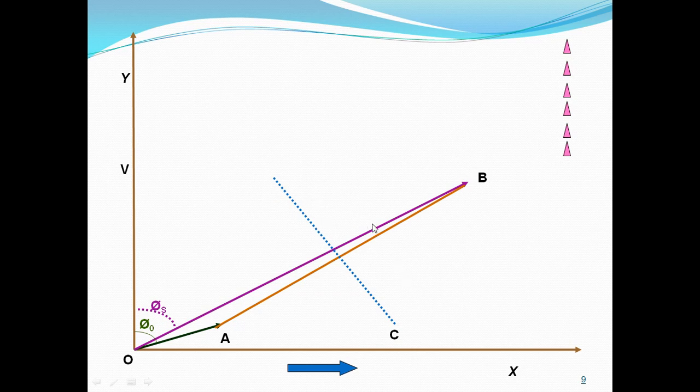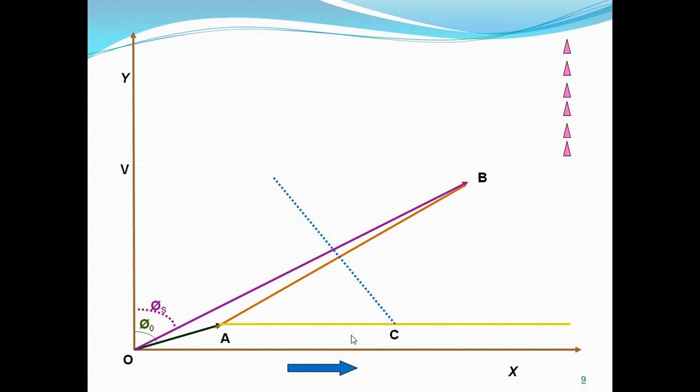Now, with the same radius and B as center, again draw two arcs on both sides of the line AB so that they cut the previous arcs. Join these two points and extend that line so that it cuts the line AD at point C.